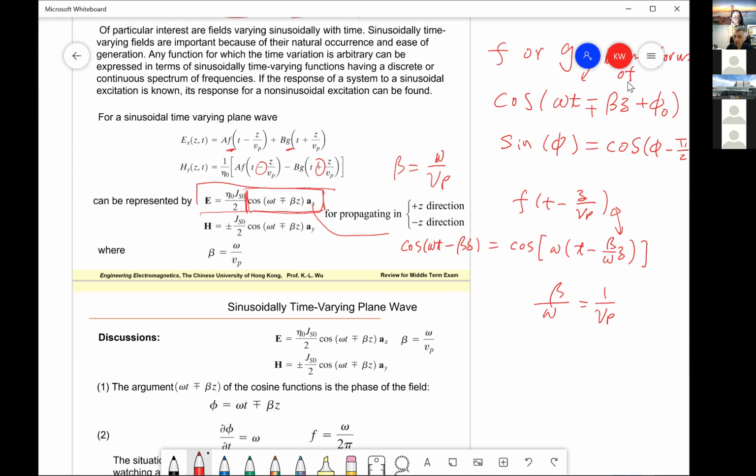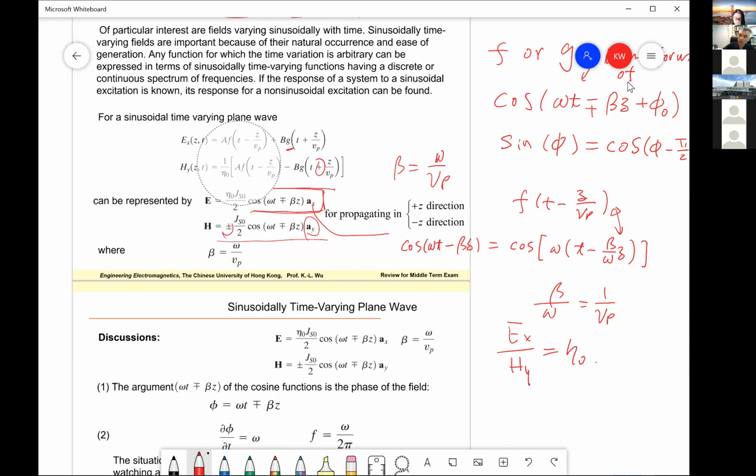Then we have the X component of the electric field and the Y component of the magnetic field. The plus or minus sign depends on the propagation direction. And also the magnitude of Ex over Hy is exactly equal to eta 0. This is our relation.